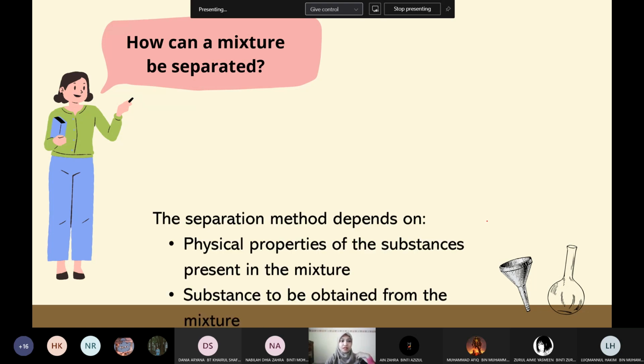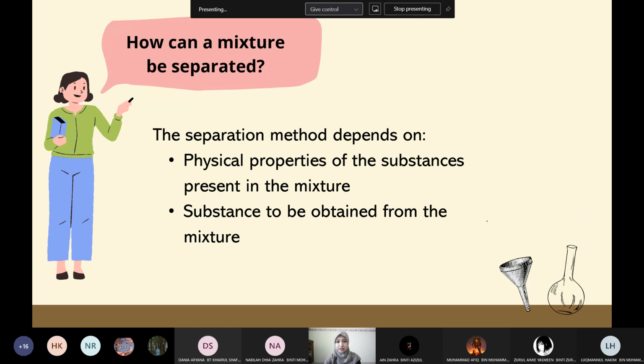Okay, so for this one, the separation method actually depends on two points. First, it depends on the physical properties of the substances present in the mixture and the substance to be obtained from the mixture.